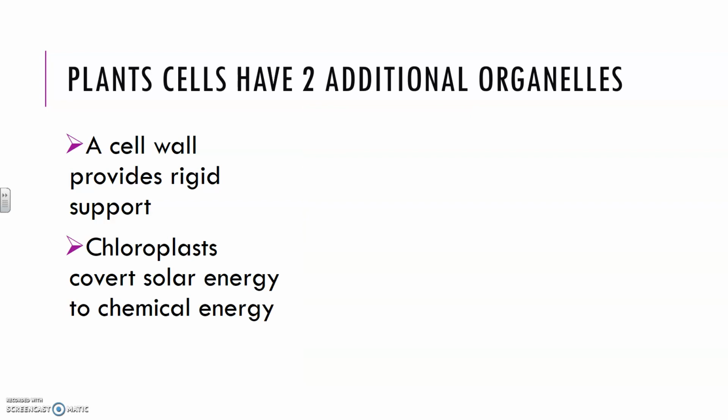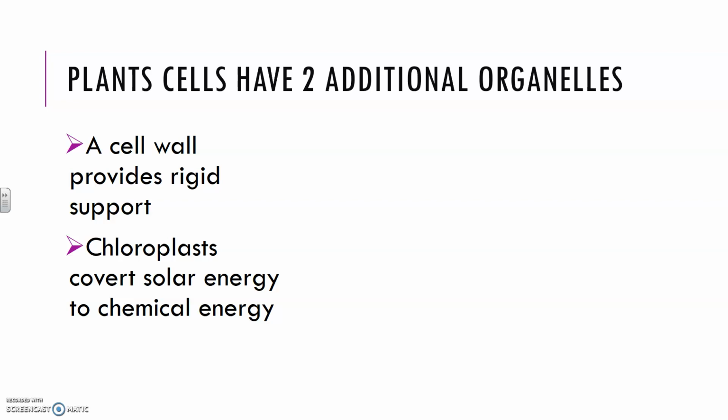You also have chloroplasts. Chloroplasts are actually incredibly similar to mitochondria. It's just they kind of do the reverse process that mitochondria do. Mitochondria basically take stored energy in the form of glucose and convert it into usable energy in the form of what's known as ATP.